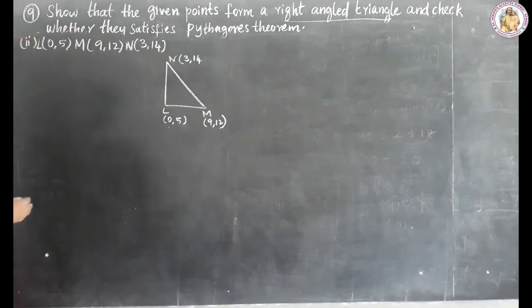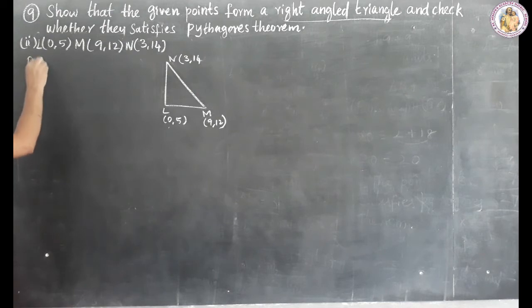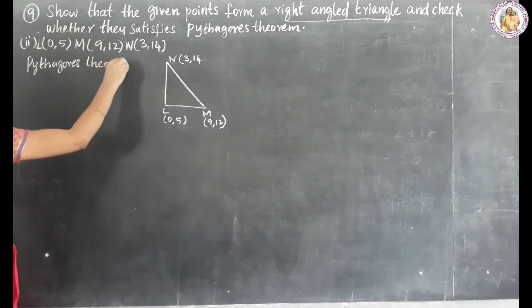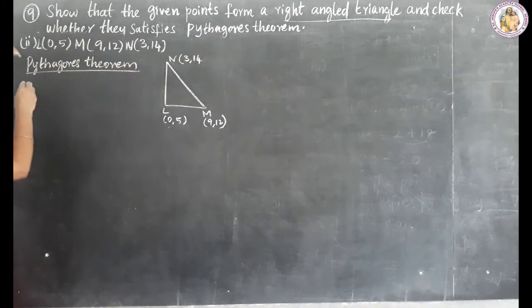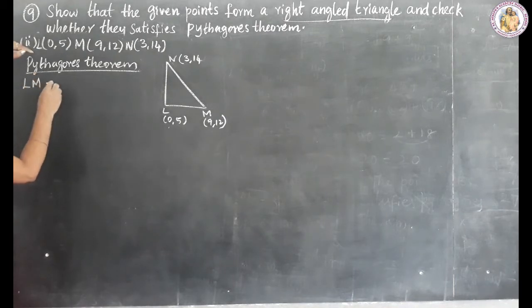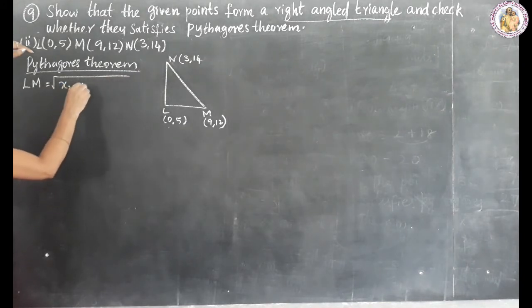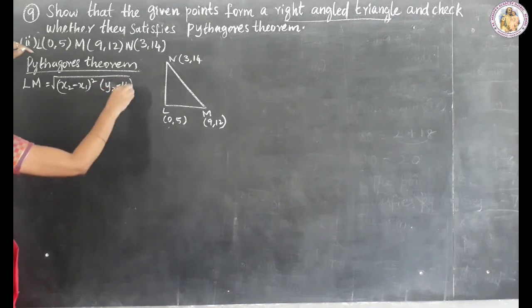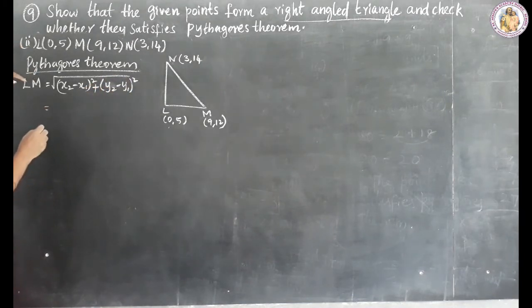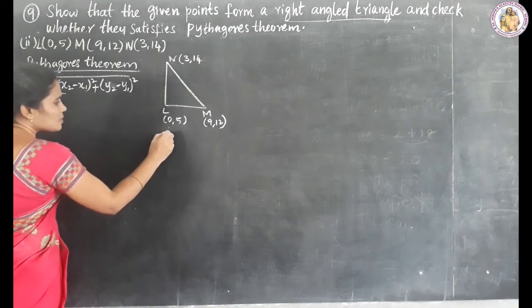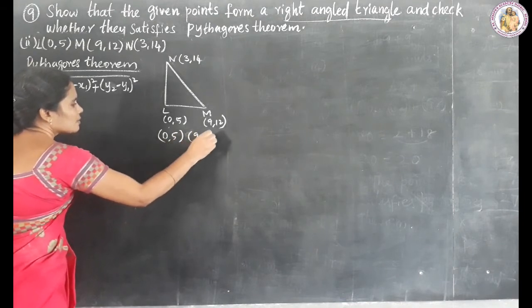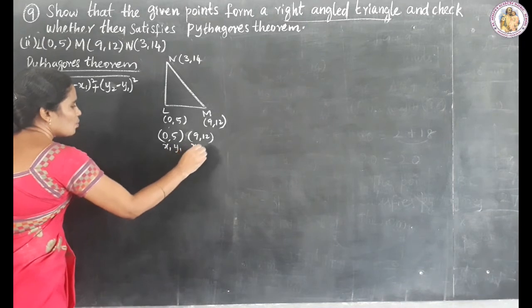Now let us check by using Pythagoras theorem. For points LM, using the distance formula, that is square root of x2 minus x1 whole square plus y2 minus y1 whole square. Points LM are 0, 5 and 9, 12, as x1, y1, x2, y2.